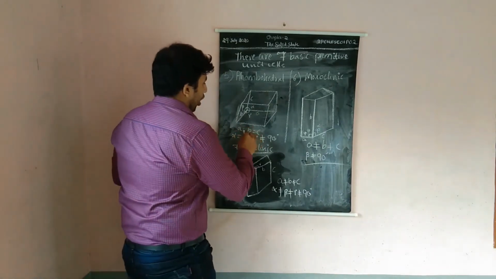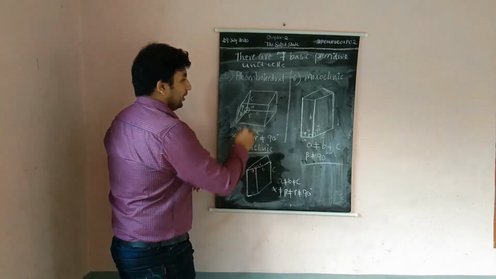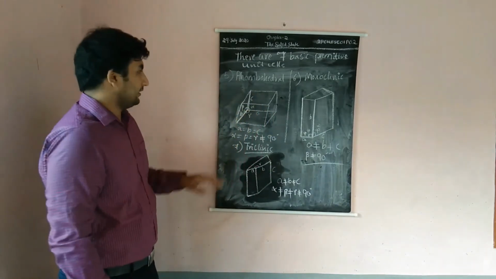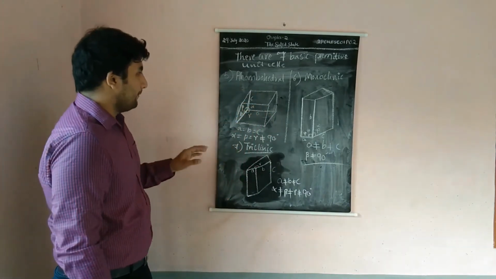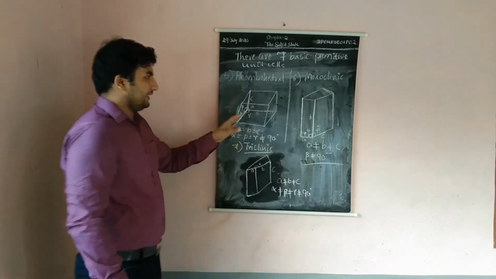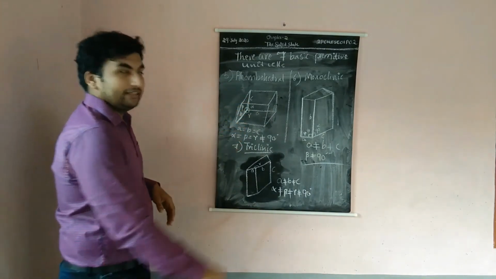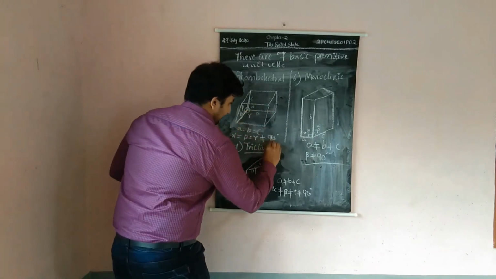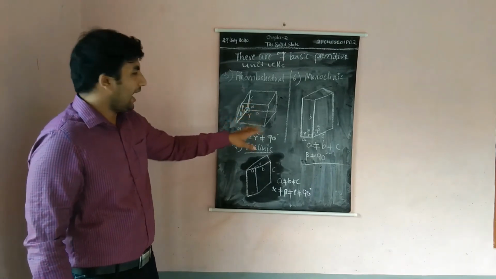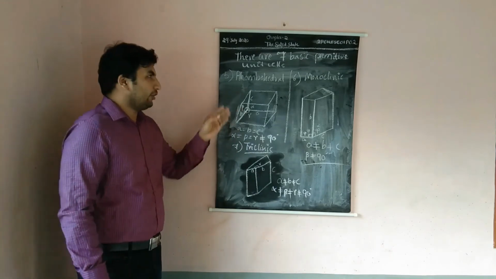Rhombohedral means all the sides A, B and C are equal in length, but the angles between those sides, alpha, beta, gamma, are not equal to 90 degrees. All the angles are not equal to 90 degrees. This type of unit cell is called rhombohedral.